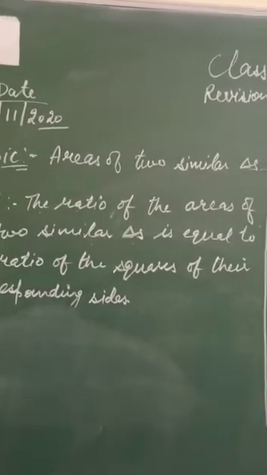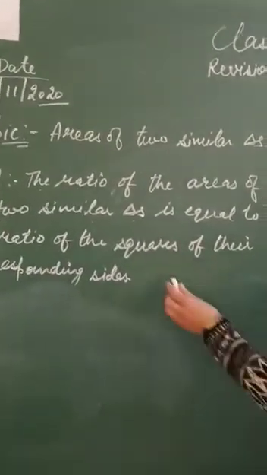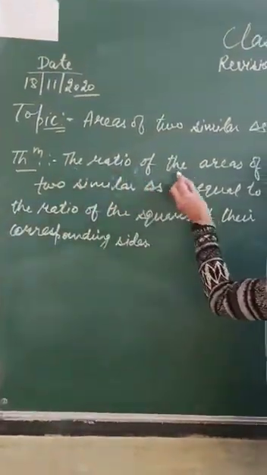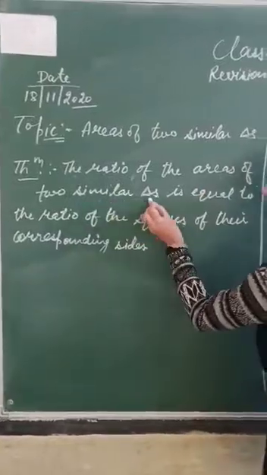So let us see the statement of the theorem: the ratio of the areas of two similar triangles.